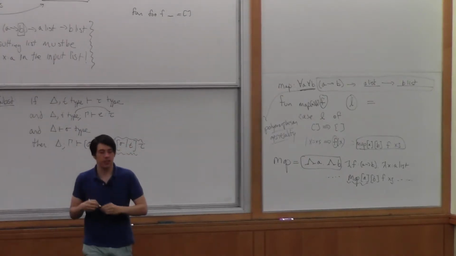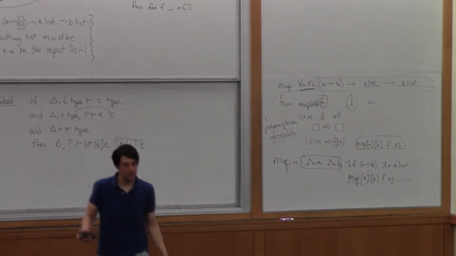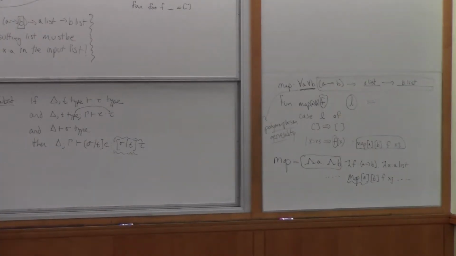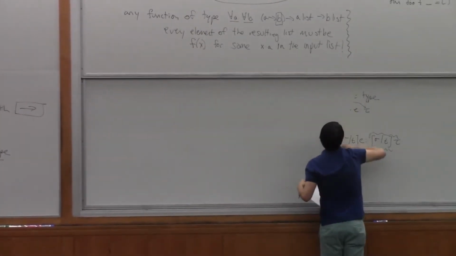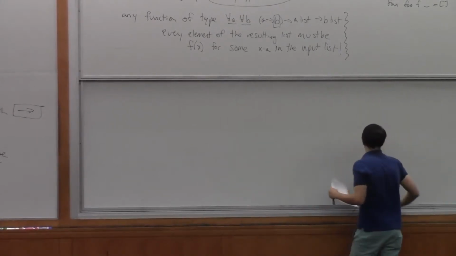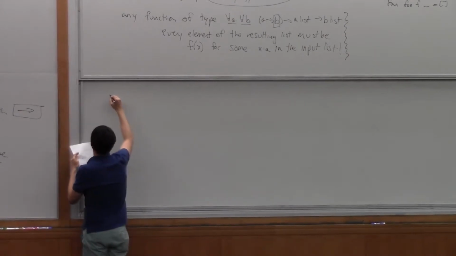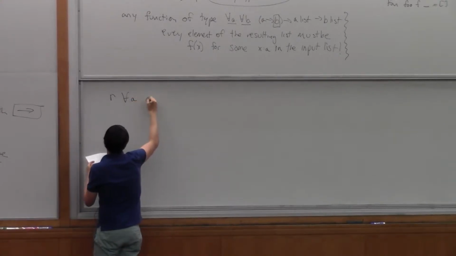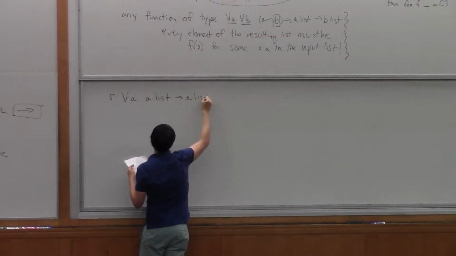OK, next example of that kind of thing. Suppose we have a function, I'll call it R, of type for all A, A list arrow A list.